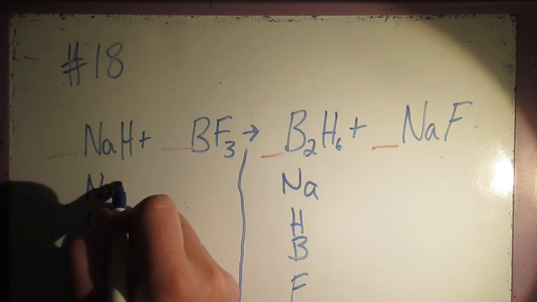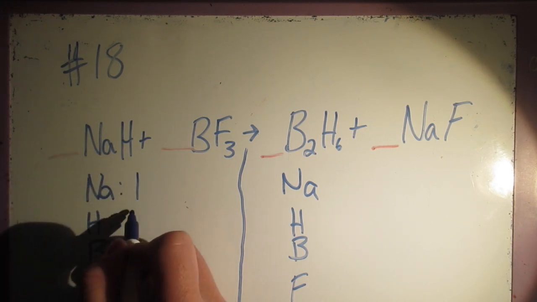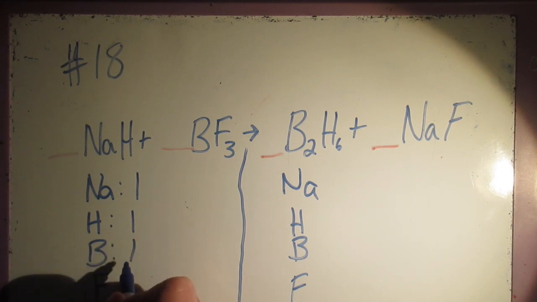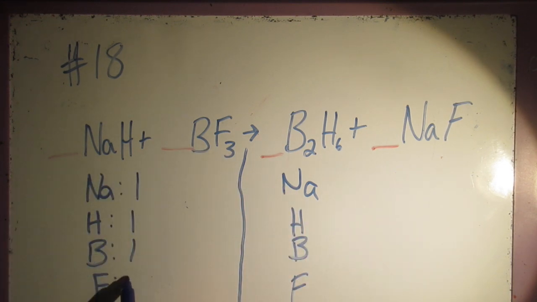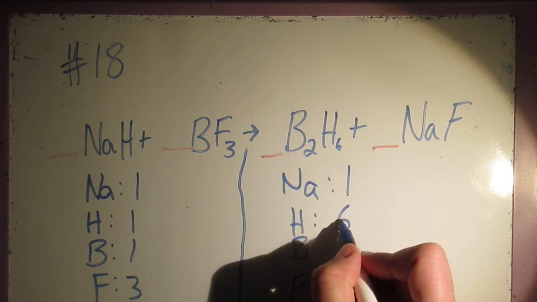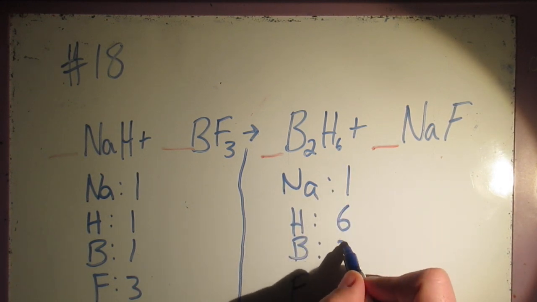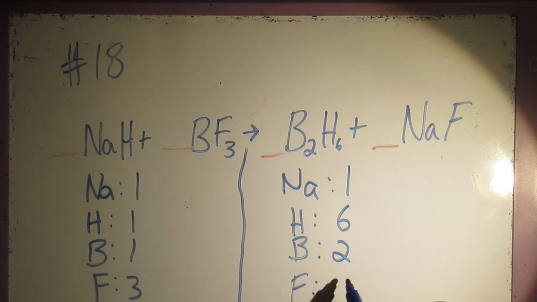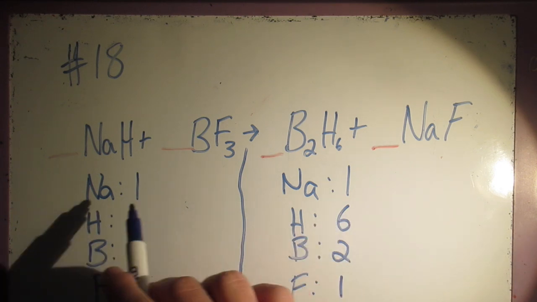So sodium is 1, hydrogen 1, boron 1, fluorine 3. Sodium 1, hydrogen 6, boron 2, fluorine 1. Okay, so this is our second step, and now we're going to balance. So sodium looks good for now.